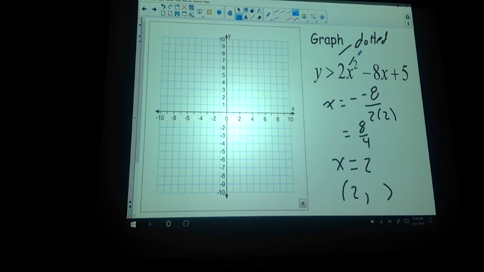If I plug 2 in there, I get 2 squared, which is 4, times 2 is 8. Minus 16 plus 5. 8 added to 5 is 13. 16 minus 13 is negative 3. So 2, negative 3. Do I pattern graph by 1, 3, 5, or does it increase? It increases by 2, right? Cool. So up 6.